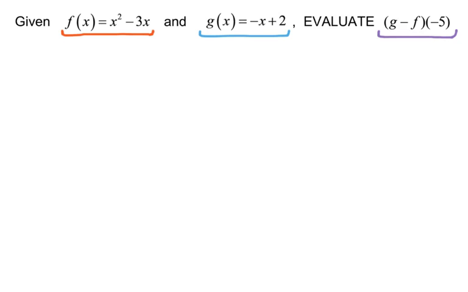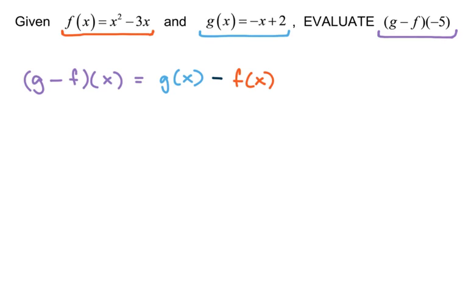So the first thing I'm going to think about is, what is g minus f of x? Well, by definition, since g comes first, we will say g of x minus f comes second, f of x.